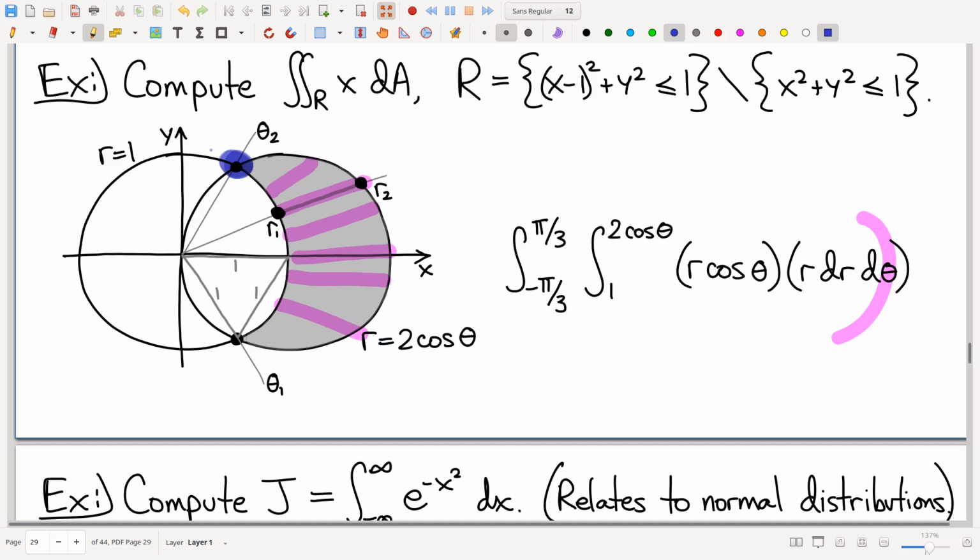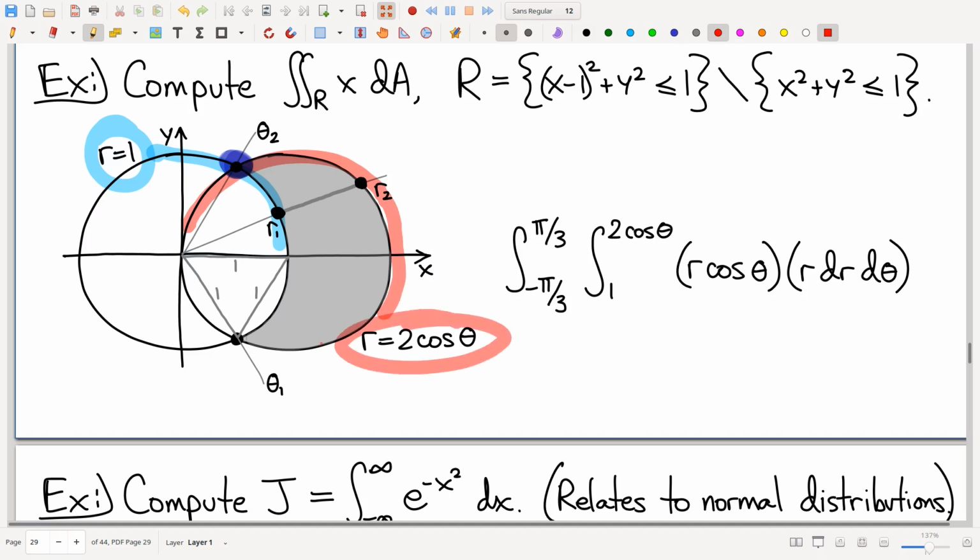Now, there's a couple different ways to proceed to understand that point. You can, it's perfectly fine, you can view that as, well, look, that's on this curve with that equation, and it is on this curve with that equation, and you could then solve for theta in that algebra.